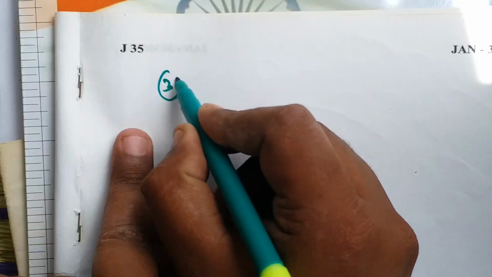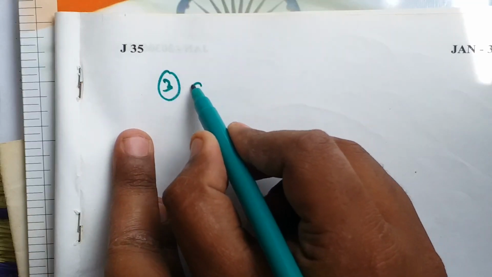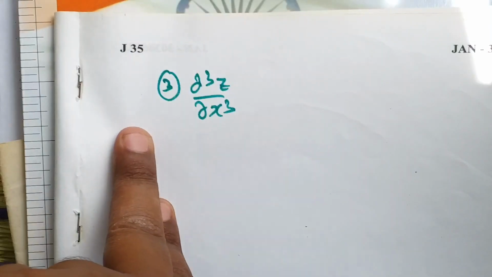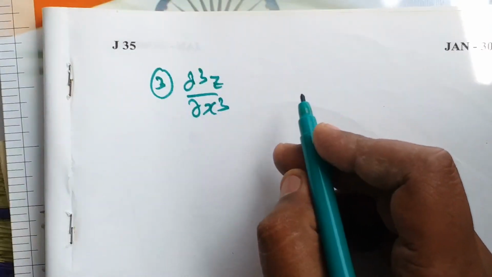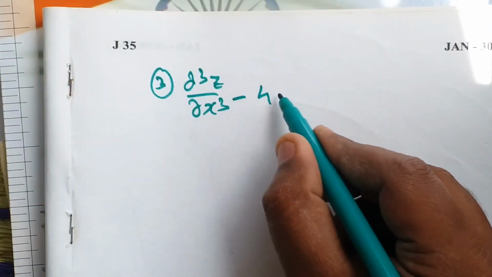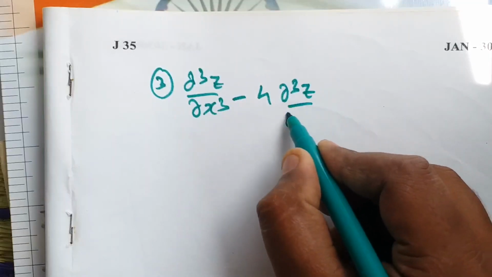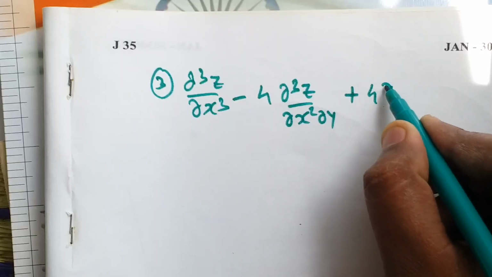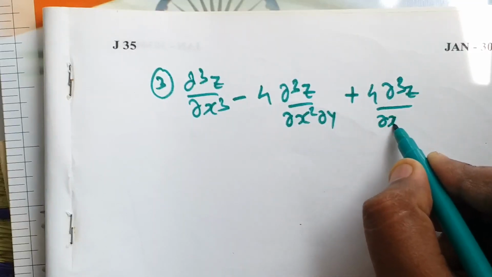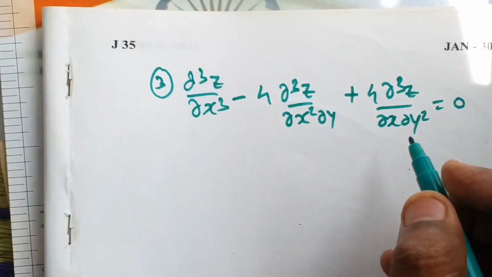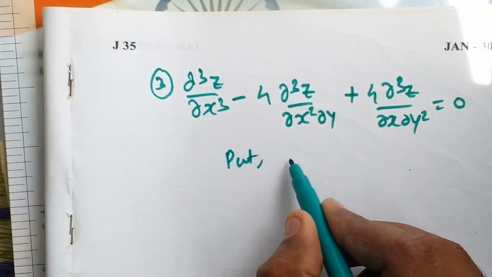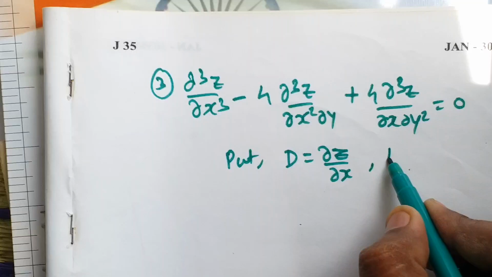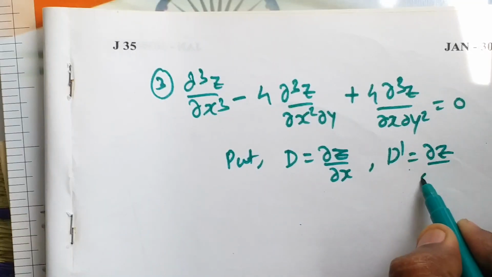So very first I will write down the given differential equation. It is del 3 z by del x cube, then next is minus 4 times del 3 z by del x square del y plus 4 times del 3 z by del x del y square equal to 0. Here also we need to put capital D equal to del by del x, D dash equal to del by del y.